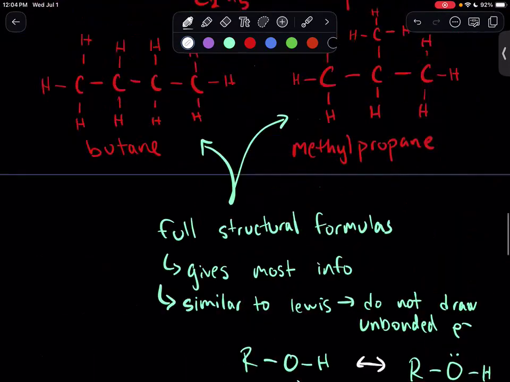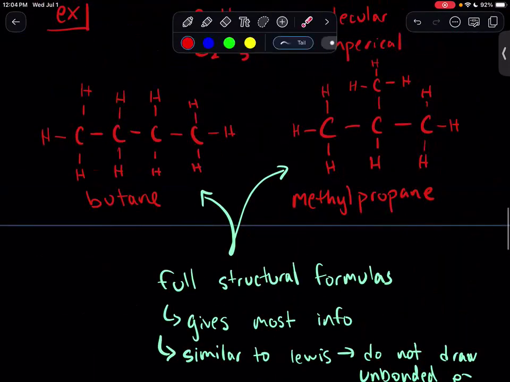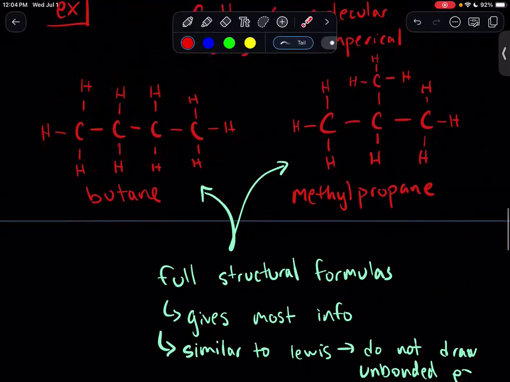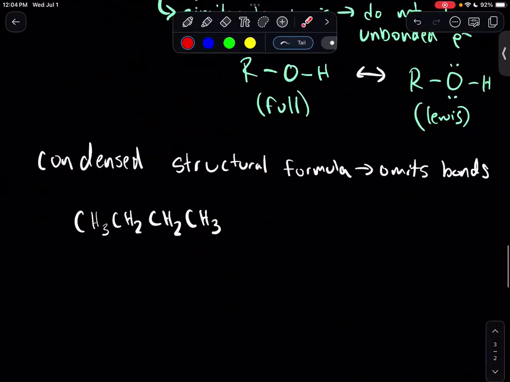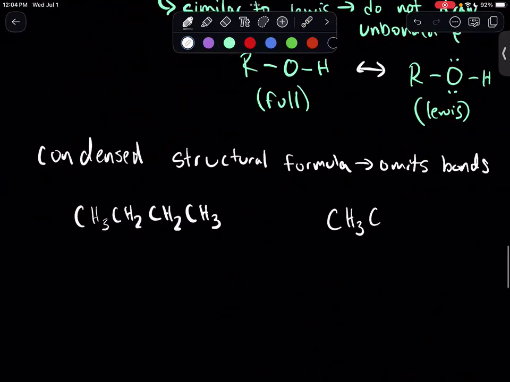So when I go ahead and look up here, I can just count that out. CH3, CH2, CH2, CH3. Now, for methylpropane, on the other hand, I might do CH3, CH, in parentheses, CH3, 2.